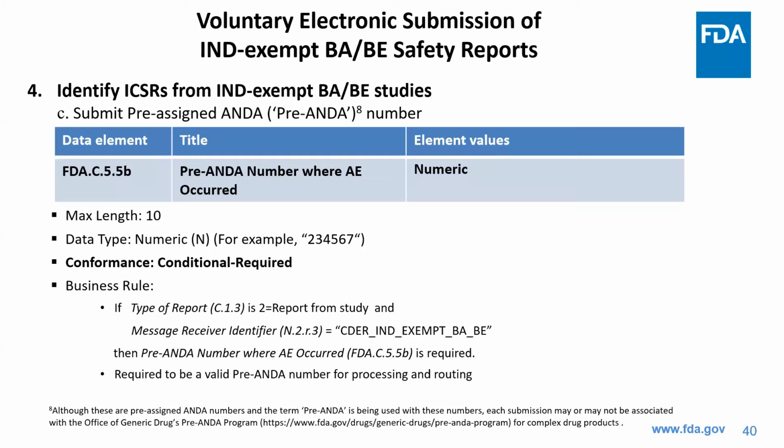This is an FDA regional data element with a maximum length of 10, a numeric type data with a conformance rule of conditional required, meaning that if the type of report is 2, which indicates a report is from the study, and the message receiver identifier is CDER IND-exempt BABE, then this FDA C55B pre-ANDA number where AE occurred becomes a required data element according to the business rule. Also note that this pre-ANDA number must be a valid one for processing and routing.